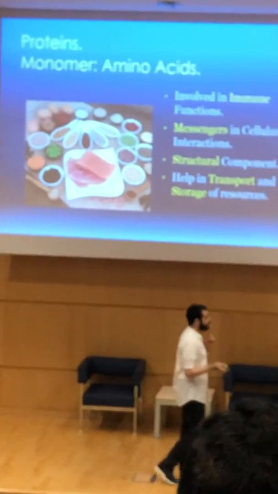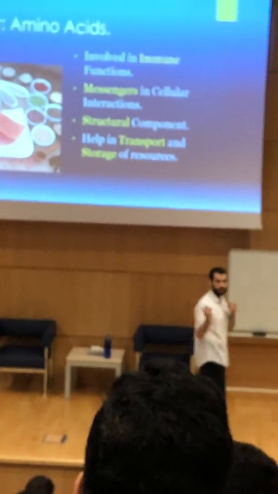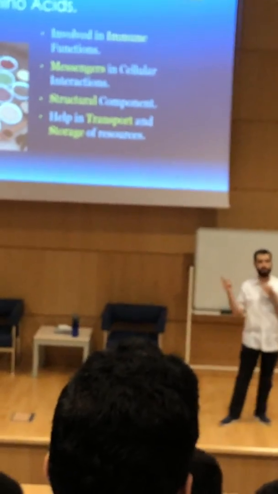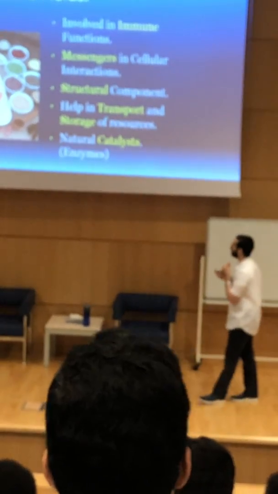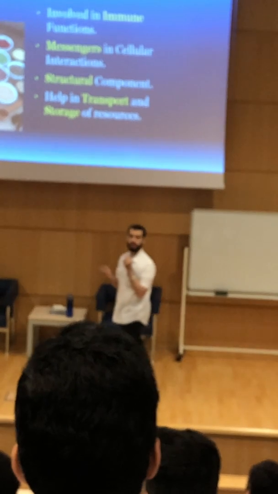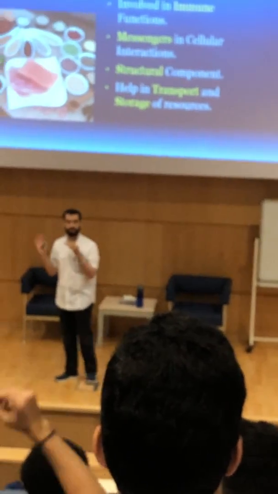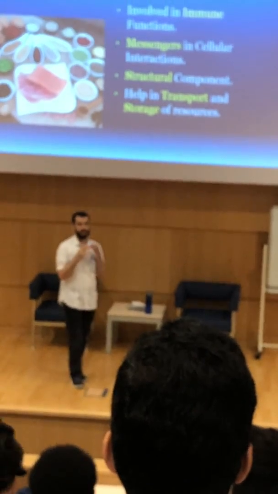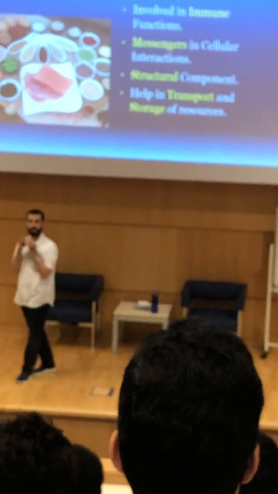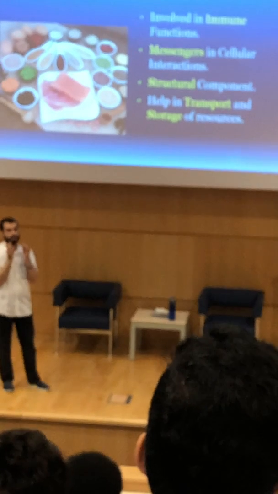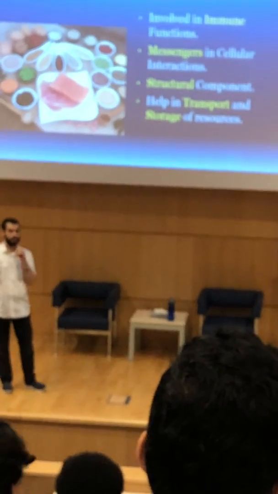Next, we said help in transport. Some people mentioned hemoglobin, some mentioned lipids, but it also helps in storage. For example, iron. Iron is not very good when it's free inside the cell, so we need a protein that will hold this iron. It's called ferritin. It just holds it and keeps it in place. That's all it does.